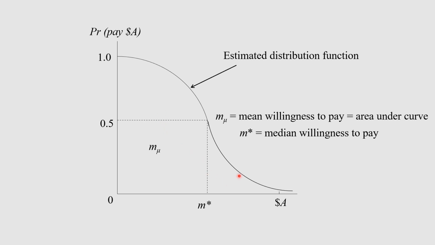And sometimes you get into a problem because the function does not touch the horizontal line, which means that the area becomes infinite, and we often have to then put a limit on that, whereas the median willingness to pay is simply given by where the probability is a half. And those two measures are then used as the value of the movement from environmental amenity E0 to E1 in the previous slide.